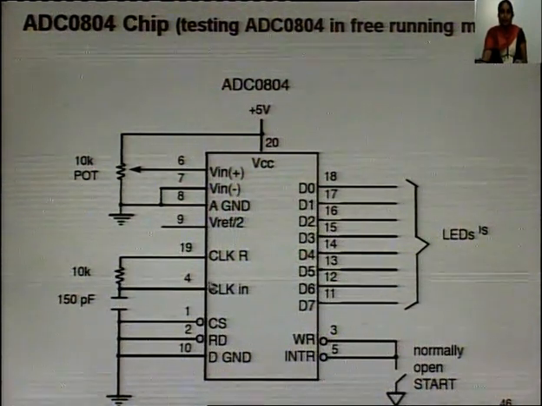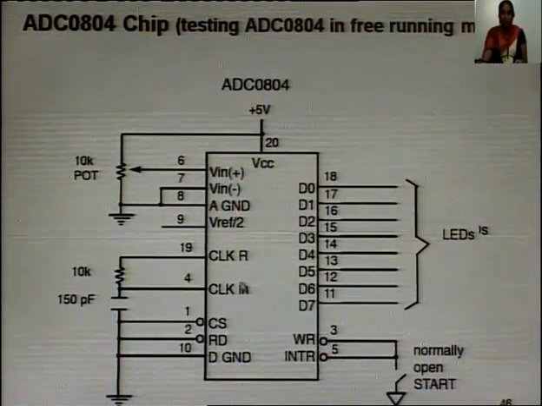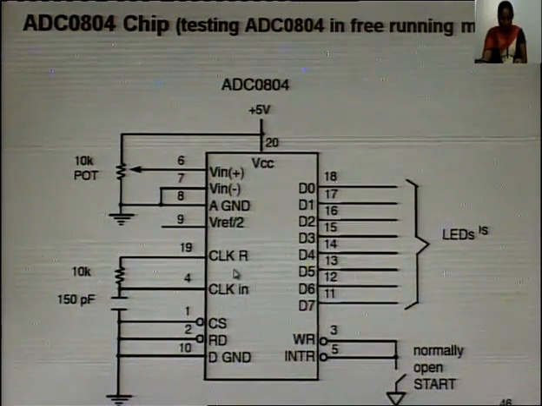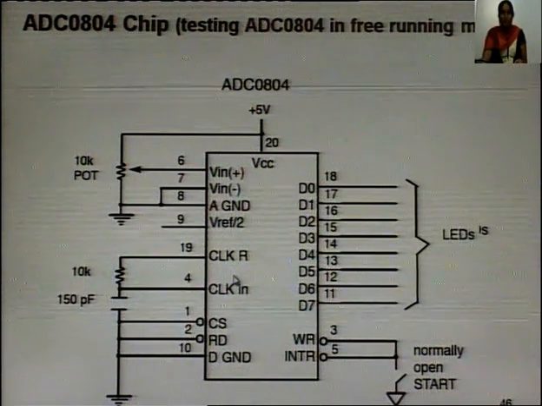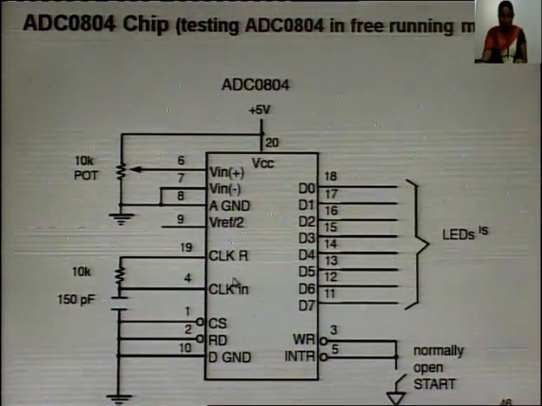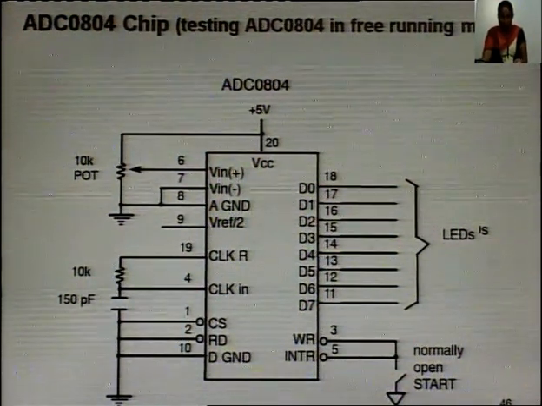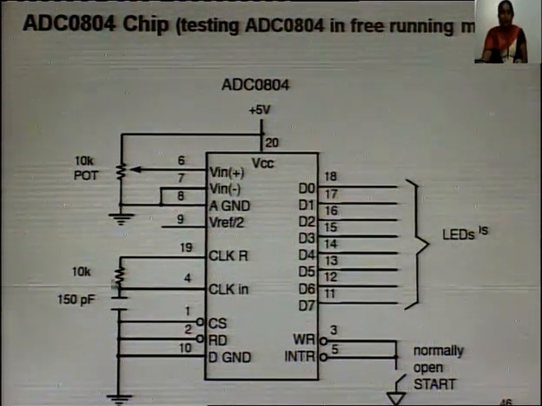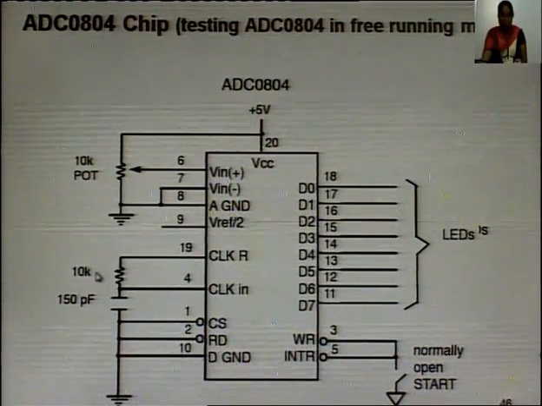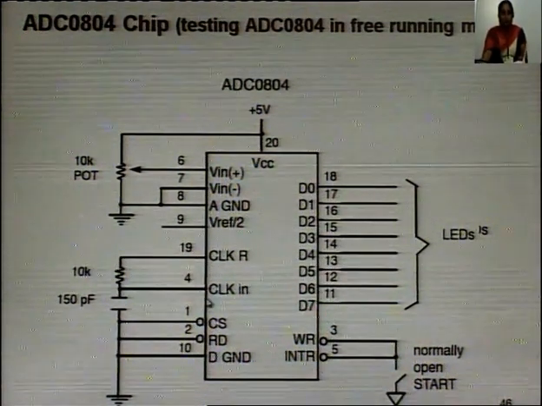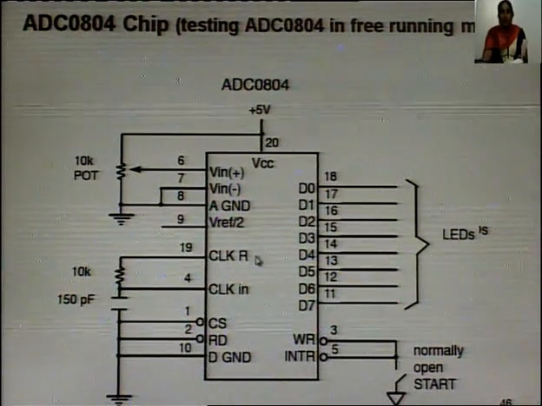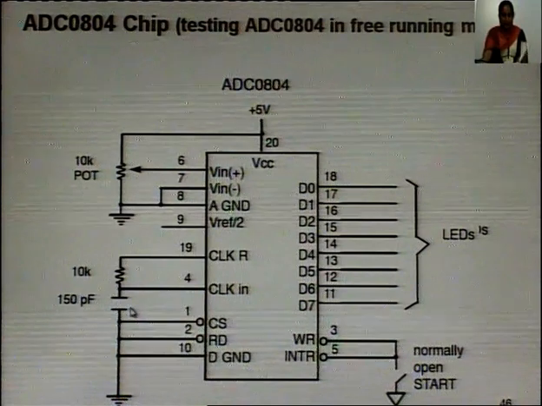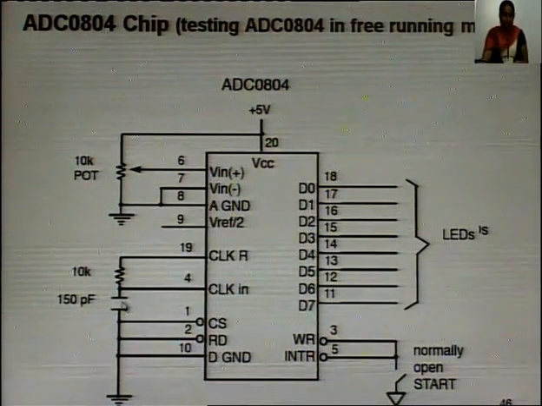To use the internal clock generator, also called self clocking of the ADC0804, clock in and clock R are connected to a capacitor and a resistor as shown in the figure.